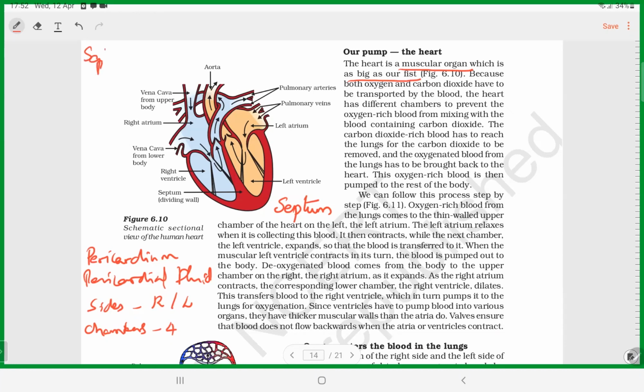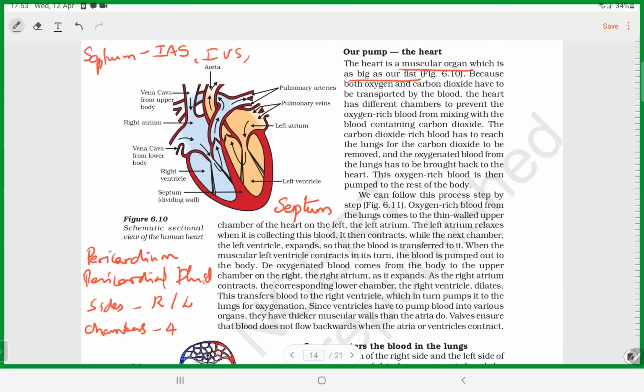The interatrial septum or interauricular septum separates both of the atria. Then the interventricular septum separates the left and right ventricles.